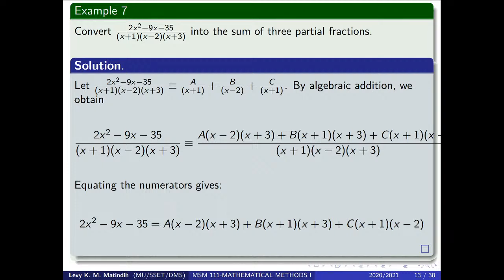Since the denominators are the same, for them to be equal, the numerators must also be the same. So what we're saying is that 2x squared minus 9x minus 35 must be equal to a multiplied by x minus 2 multiplied by x plus 3, plus b multiplied by x plus 1 times x plus 3, plus c multiplied by x plus 1 times x minus 2.